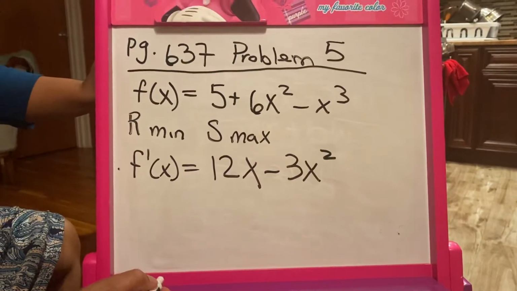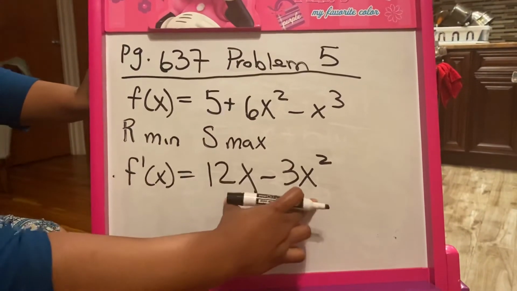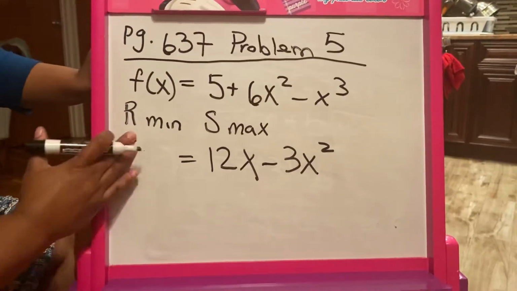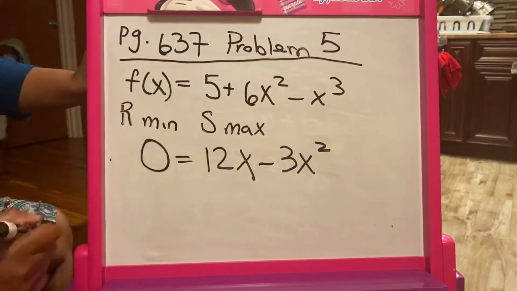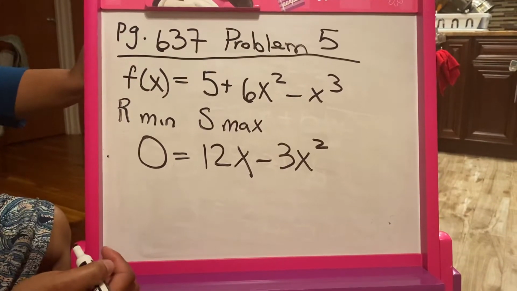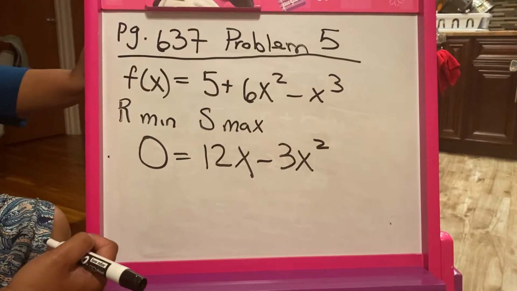Now, in order to find the critical points, I have to set the derivative equal to 0. Now, I could plug this into my calculator and figure out what the zeros are, or I could do this by hand.